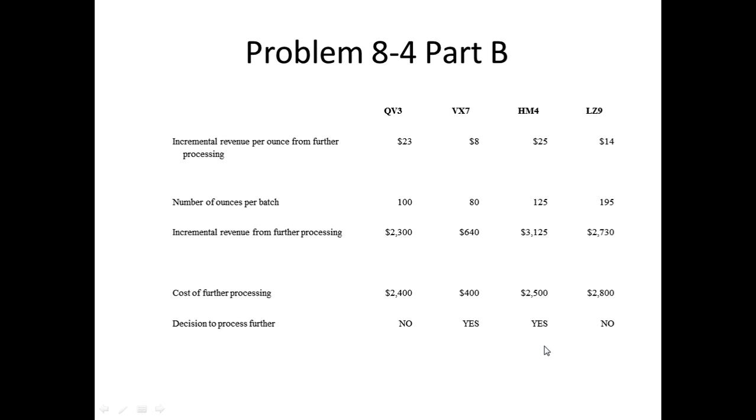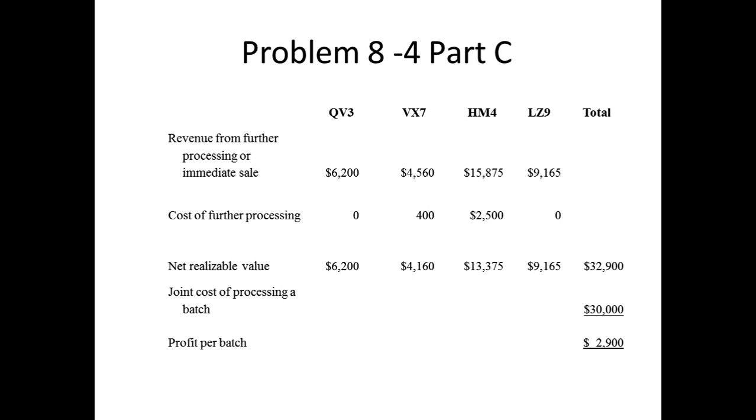It too will be processed further. But LZ9 will be sold without further processing as the costs of further processing exceed the incremental revenues. So 2 of the 4 joint products should be processed further. The other 2 should be sold the way they are.